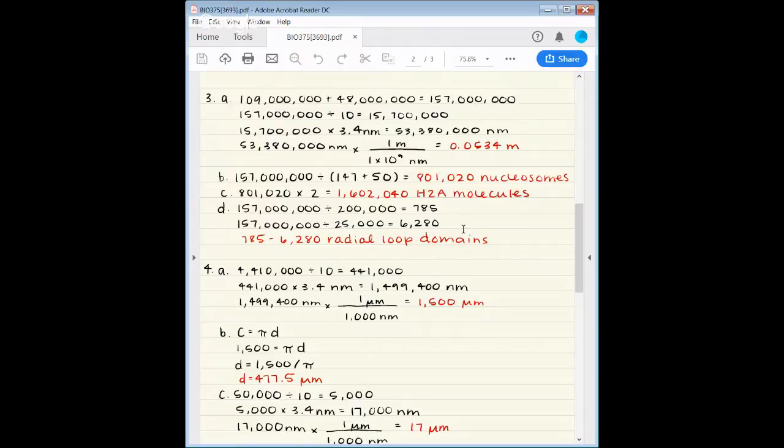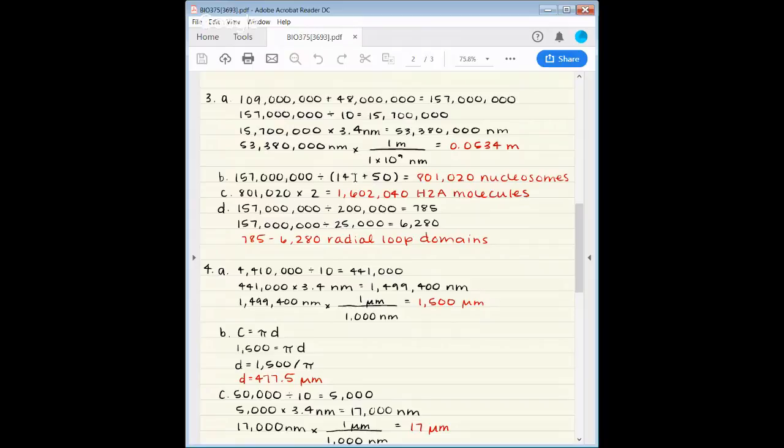And then B, how many nucleosomes are found within this translocation chromosome? Assume that the average length of the linker DNA is 50 base pairs. So to do this, I found that there were 147 base pairs within a nucleosome, and then 50 base pairs for the linker DNA between each one.